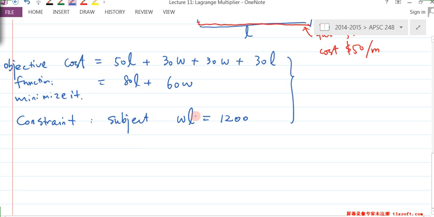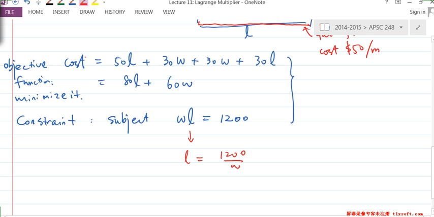One of the approaches: WL equal to 1200. So what you can try is this. From here, you can extract, let's say, L equal to this. And then you substitute this L into this cost function.